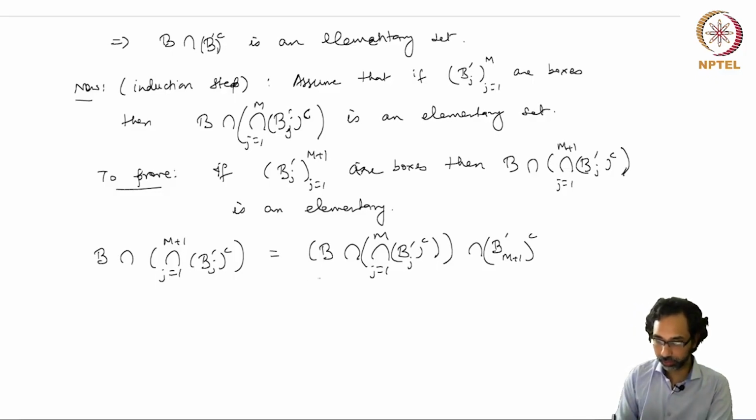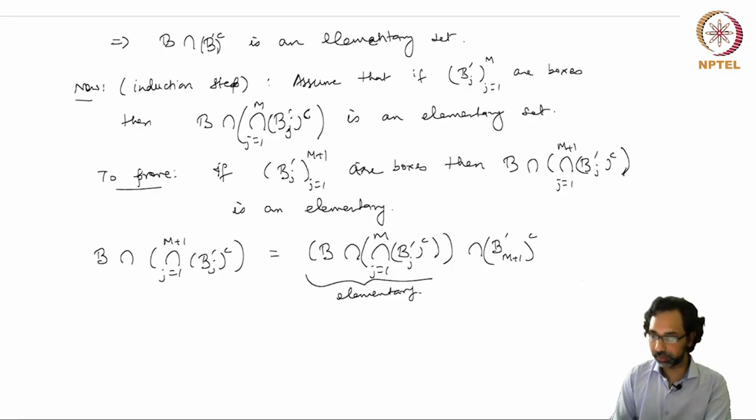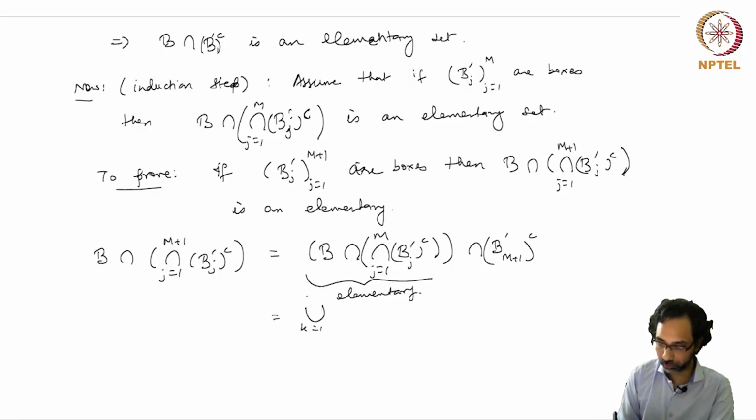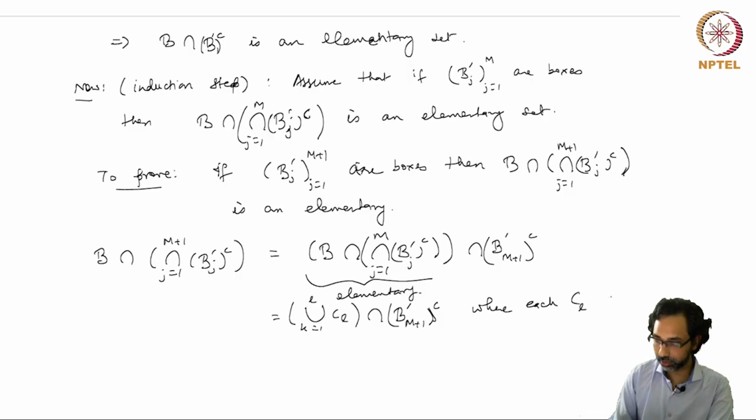Now we know that from our induction hypothesis this is an elementary set. So this is in fact a union, k from 1 to L, Ck, intersection B m plus 1 prime complement, where each Ck is a box. Because this is an elementary set, it is a finite union of boxes Ck.